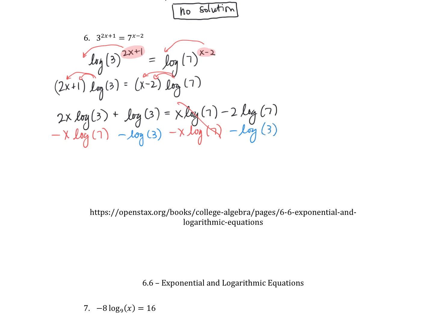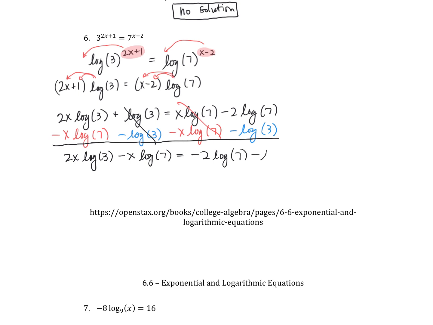So now I will have this crossing off. So you can see I have two pieces on the left now. I have the 2x times the log of 3 minus x times the log of 7. And on the right-hand side, I have a negative 2 log of 7 minus log of 3.